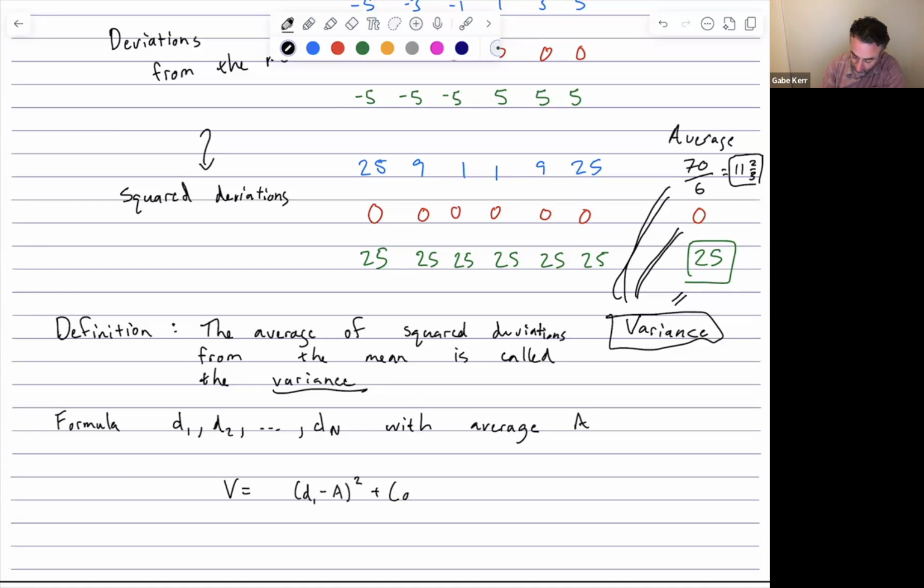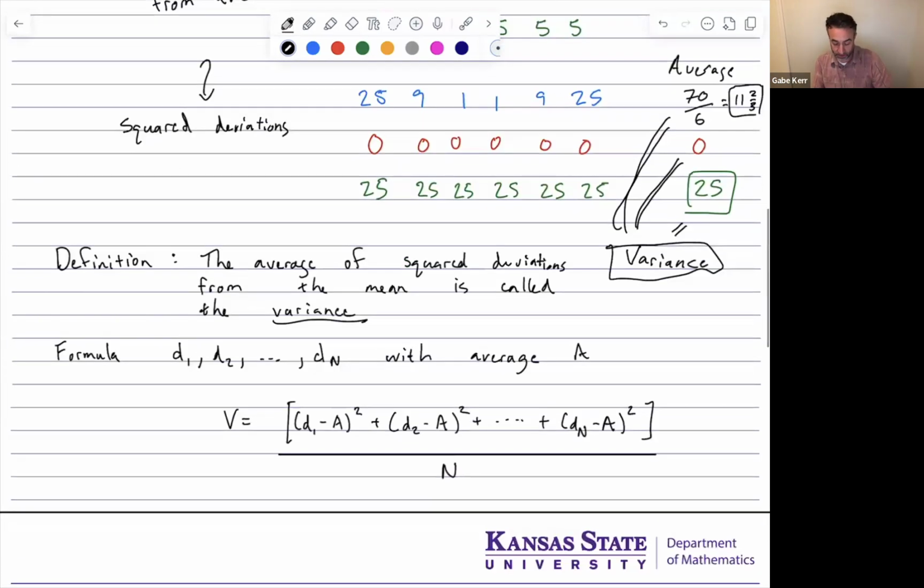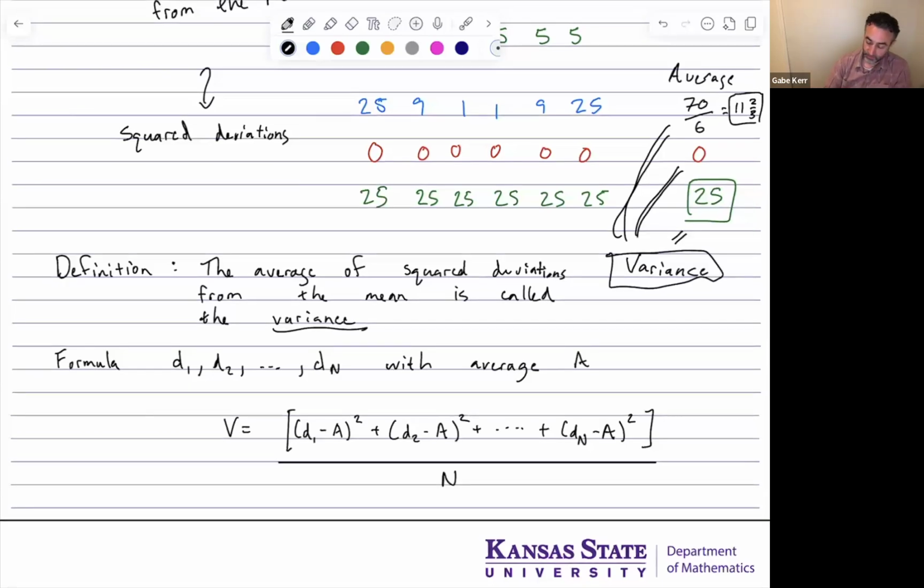You add D2 minus A and you square it, dot, dot, dot, all the way to Dn minus A and you square it. That's the sum of them. And you take that whole thing and you divide it by n to get the average. So this is the variance.